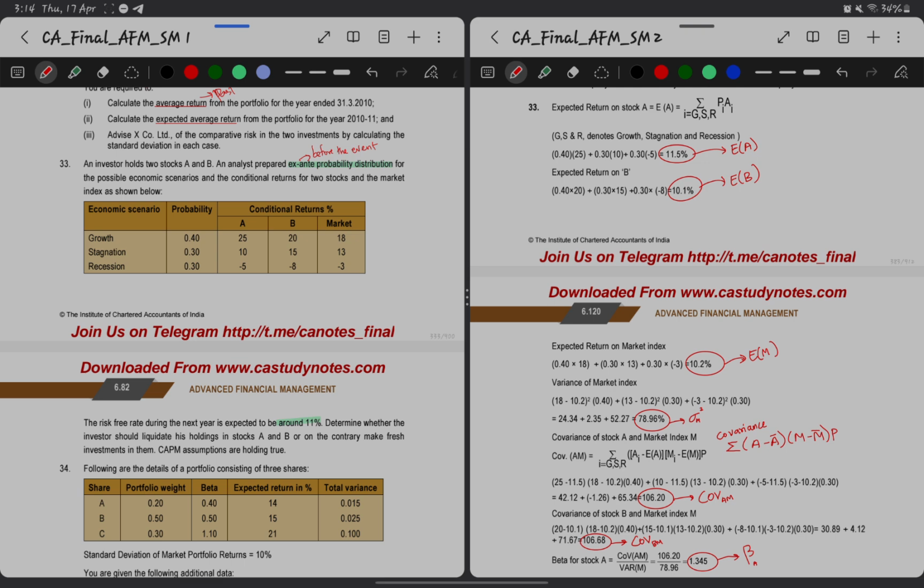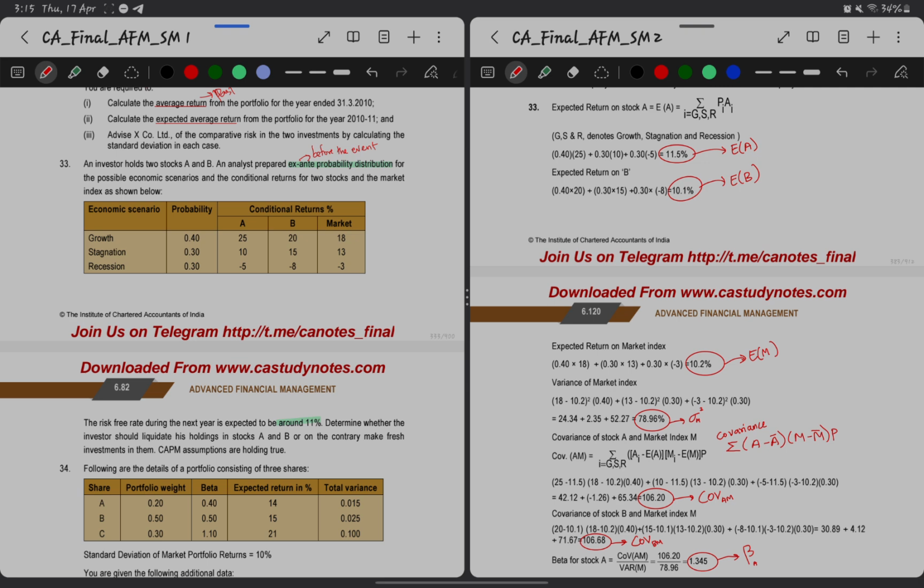And risk-free rate for the year is 11%. Okay, before comparing whether to liquidate or make fresh investment, we need the expected return and we need the CAPM return also, and we need to check how much excess return the stocks are giving to analyze whether to invest more or liquidate.